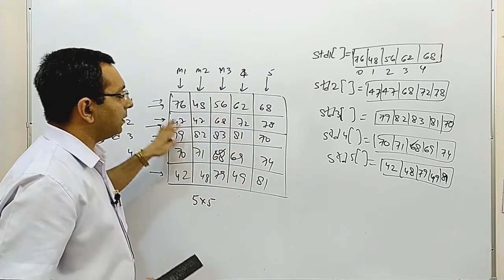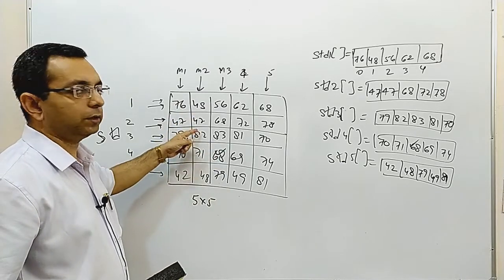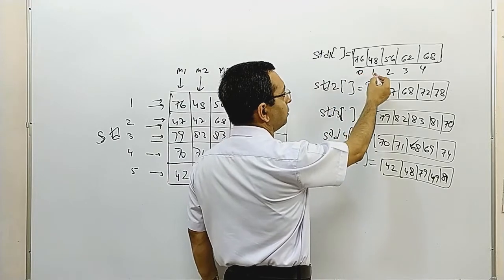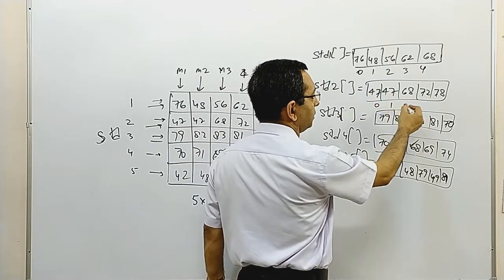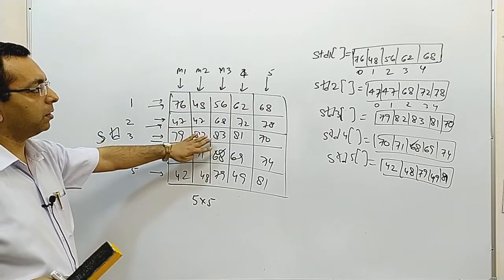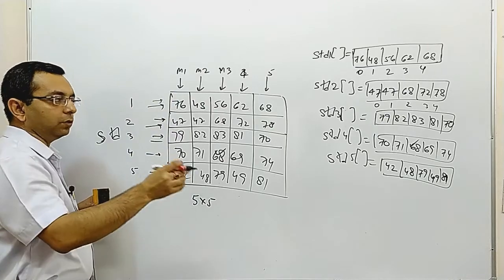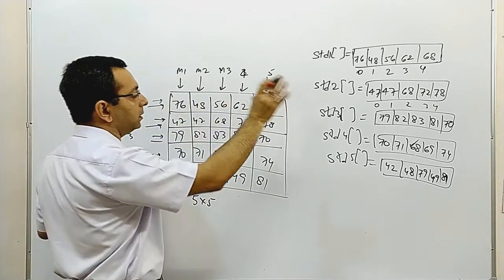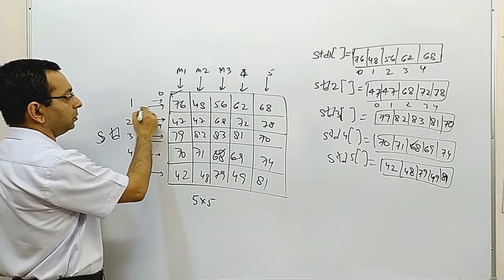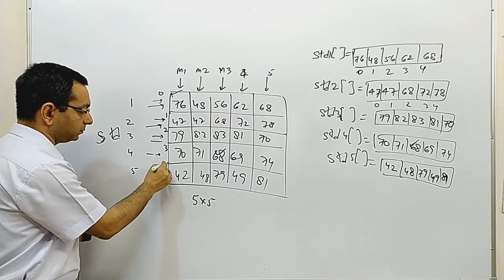What will be the index number for this matrix? In the case of an array, you know the index numbers are 0, 1, 2, 3, 4, and so on. But in a matrix, it starts from 0 for rows and 0 for columns. So there is the 0th row, first row, second row, third row and fourth row.